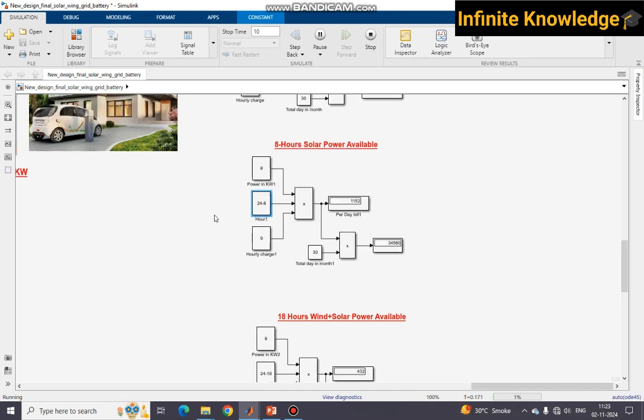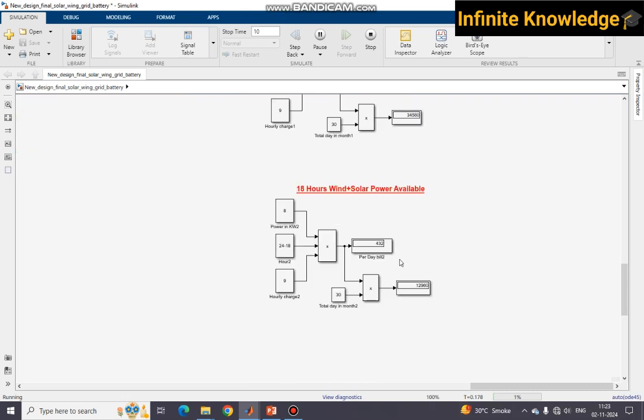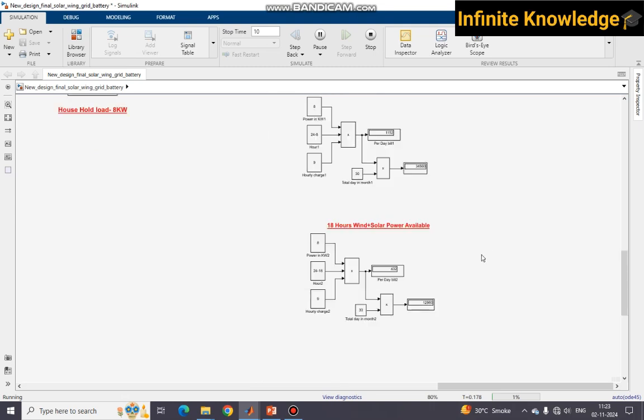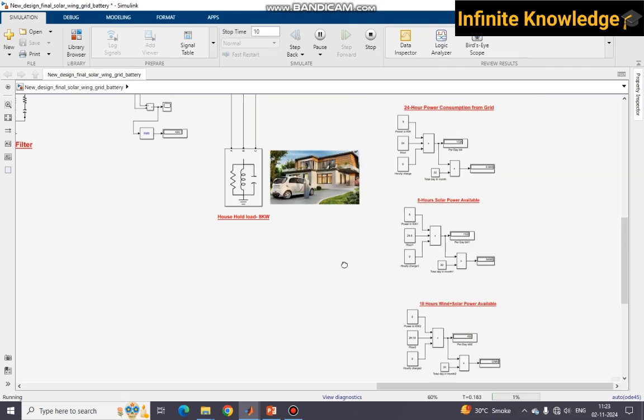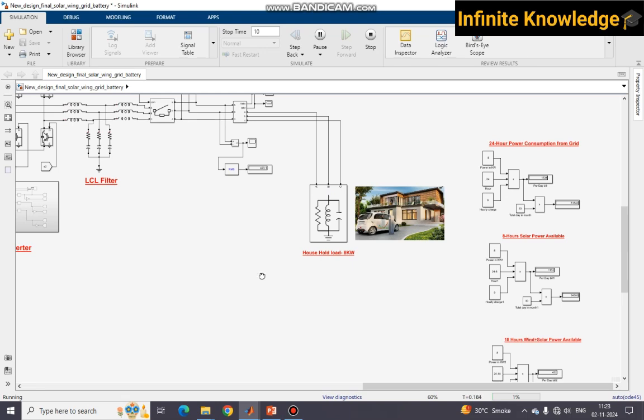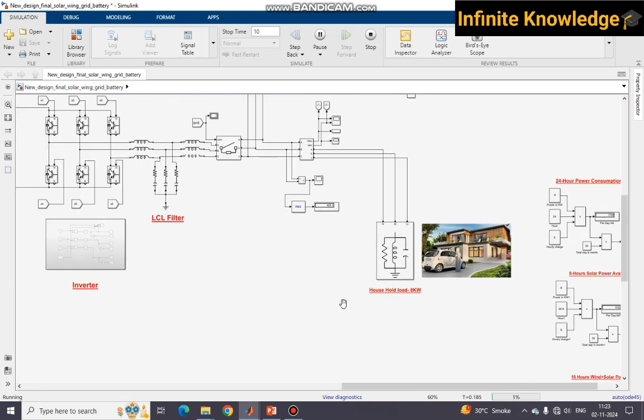You need to pay the grid or the power generation company for that power consumption, and that is 34,000. So as you can see here very clearly, renewable energy sources are very important and very cost effective for the long term, and they are also environment friendly.